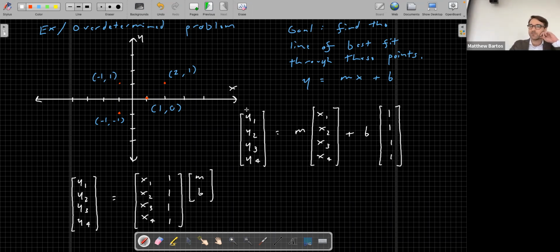Okay, so what we can do now is, how can we solve this problem? First, what do we need to do to get some numbers in here? So we know that each of these x's represents the x coordinate of each of these points, right? So let's go ahead and fill those in.